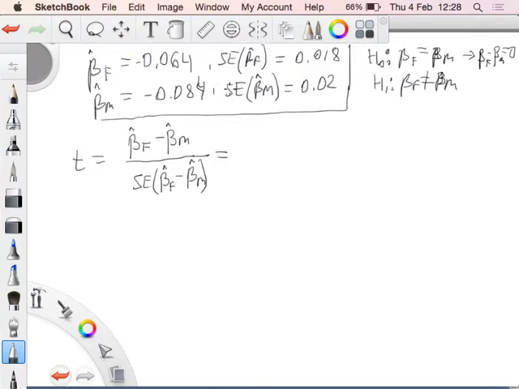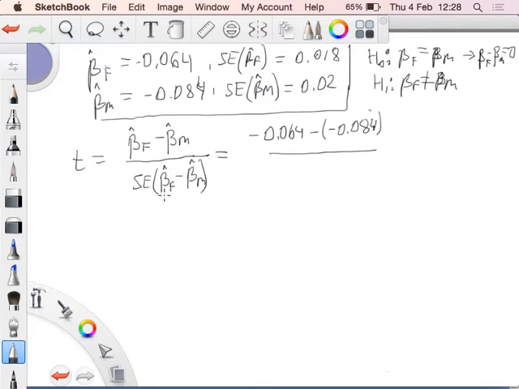We know from this information what these values are. What we don't know is the standard error for the difference. But we can calculate it.